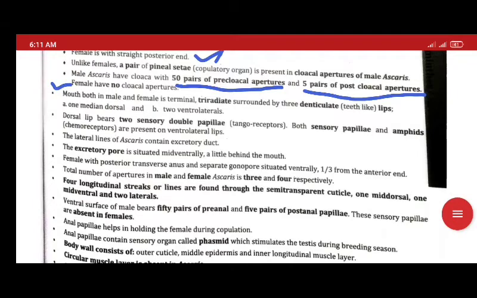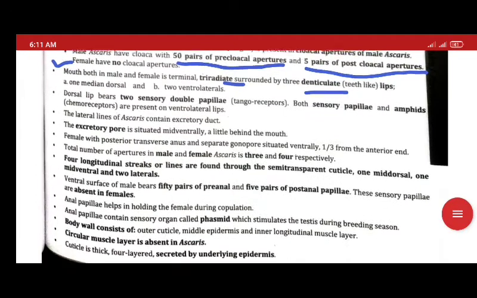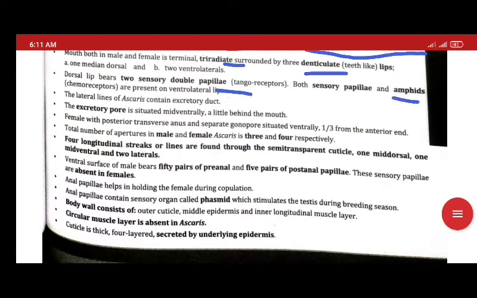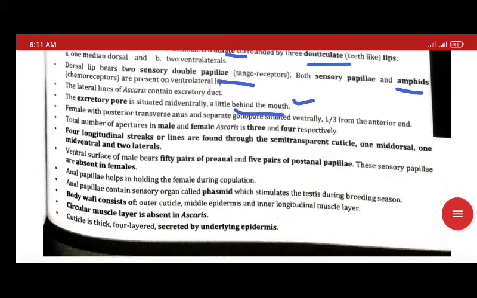Now mouth is triradiate and denticulated, means teeth like. 2 sensory double papillae, sensory is amphids means chemoreceptor present on ventral lips, and excretory pore is behind the mouth. You should remember this excretory pore.